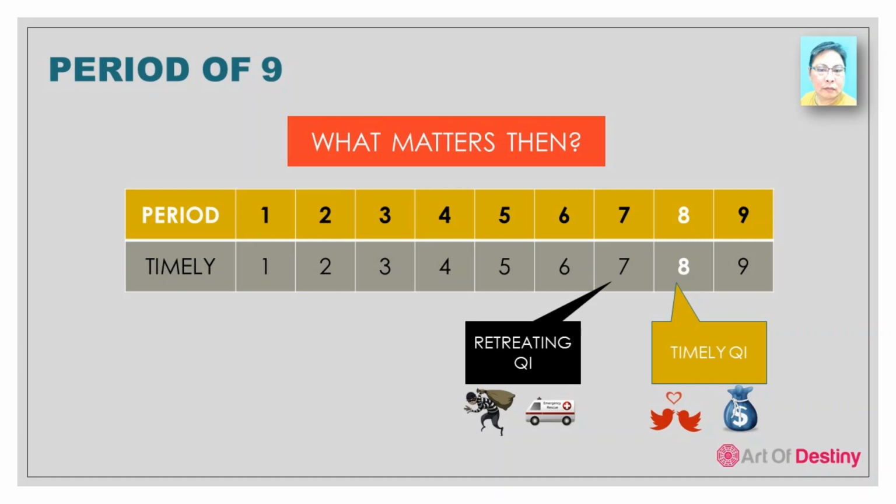You fall sick. If you're lucky, you get minor illnesses, but frequent minor illnesses. If you're unlucky, you might even get major illnesses like terminal illness, cancer, stroke, heart attack, things like that. So that is when a property is getting a lot of retreating qi.